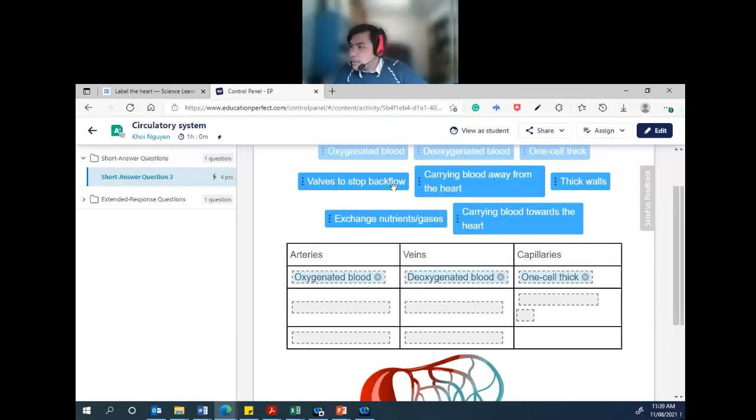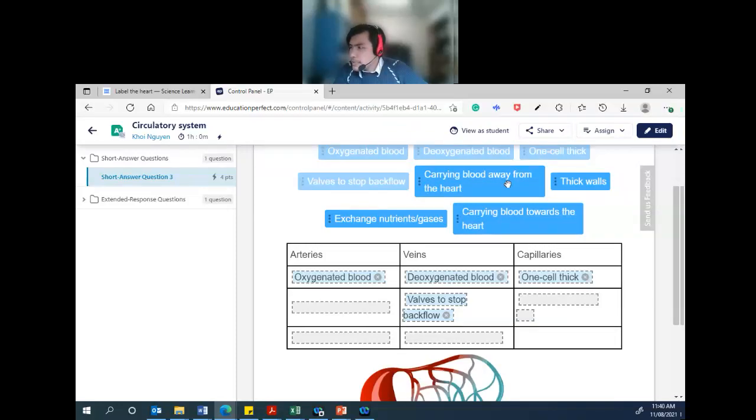Next one, this one's got valves to stop backflow. We got one person saying veins and the other person saying arteries. Two people saying veins, so I'm seeing a few veins. Okay, I'll put veins there for now, and then we're going to see which one is correct later.